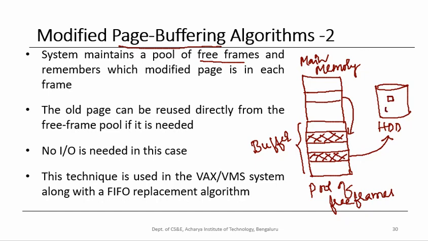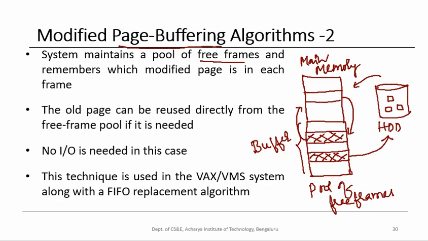Now when a reference is made to these pages, we have two options: bring it from the hard disk into the main memory, or read it from the buffer if it is present there. That is the approach we use here, which saves us a lot of time.